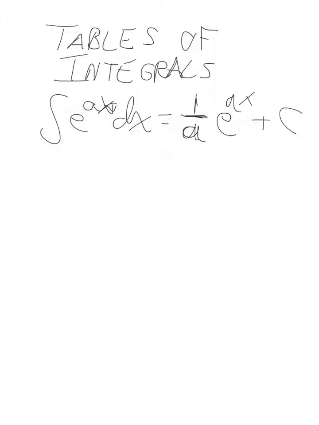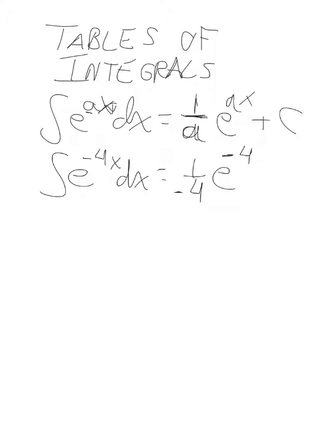So all you do, like in that problem that we just did a minute ago, I had e to the minus 4x dx. I just plug that in. The number sitting next to the x, the a, is minus 4. So I just plug minus 4 in there. E to the minus 4x over minus 4 plus c, which is exactly what we got.